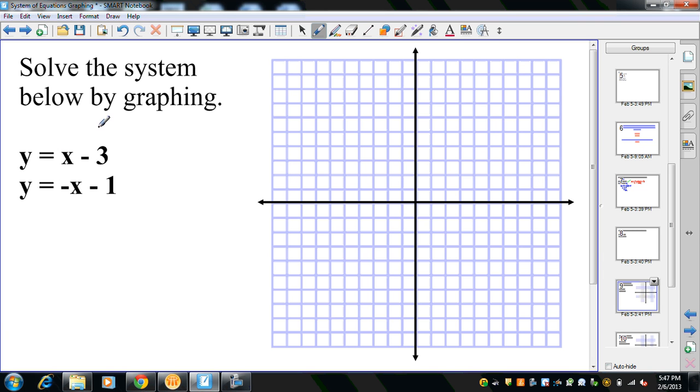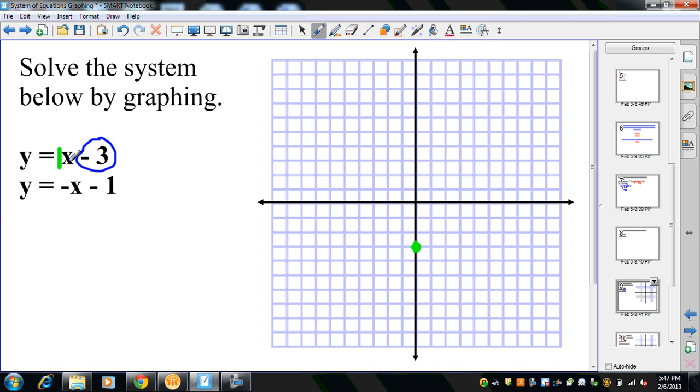I'm going to graph this first one, y equals x minus 3. I'm sorry, my tablet broke, so it's hard for me to write here. I'm having to write with my finger on a mouse. My y-intercept is -3, so I'm going to put a point down here at -3. My slope here is 1.